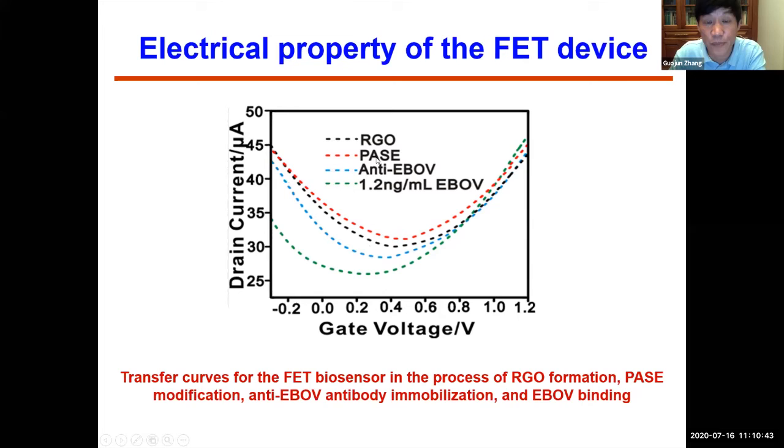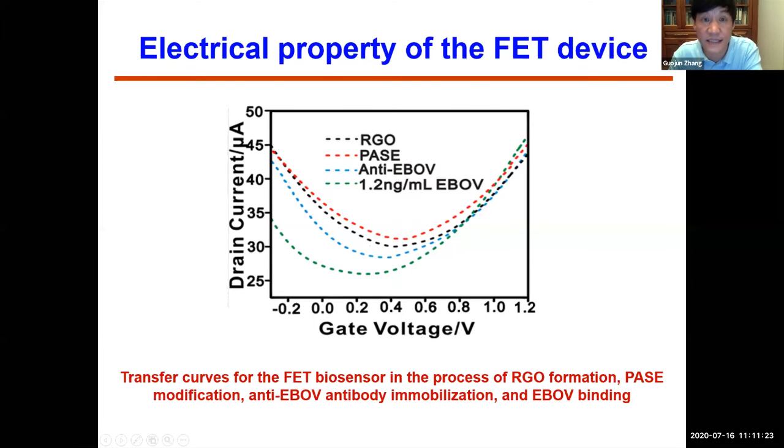We use PBASE, which is a linker molecule, and because this molecule contributes to p-doping, the Dirac point shifts right. After immobilization with the antibody, which is negatively charged, the Dirac point shifts to the left. And after Ebola virus is bound to the antibody, because the Ebola virus is negatively charged, the Dirac point shifts left again.